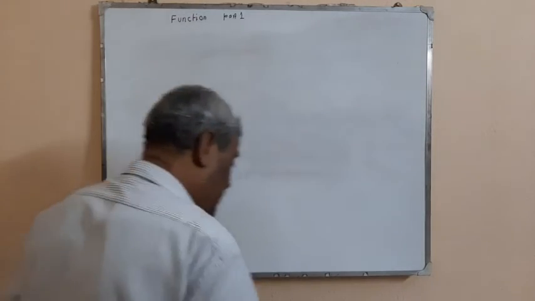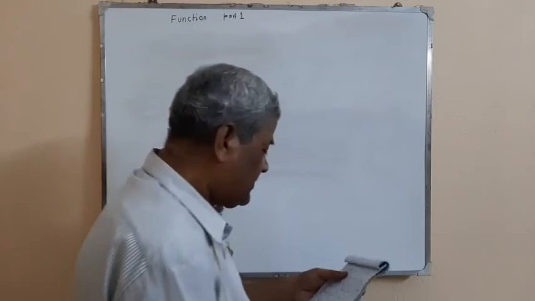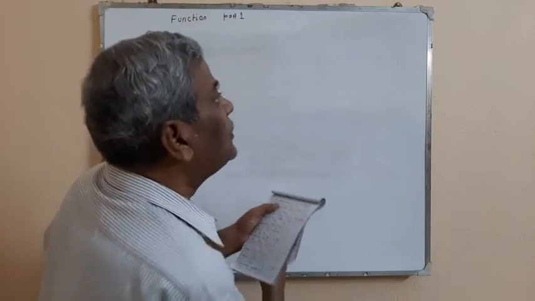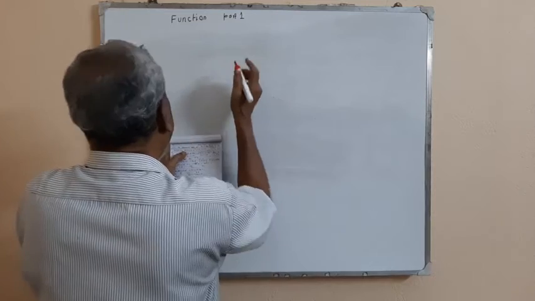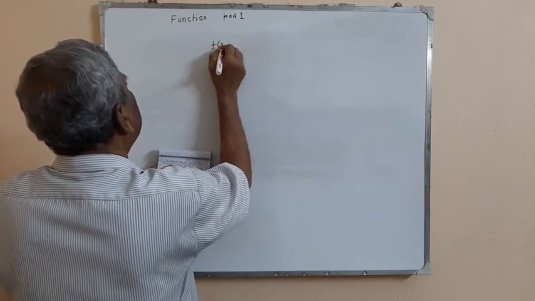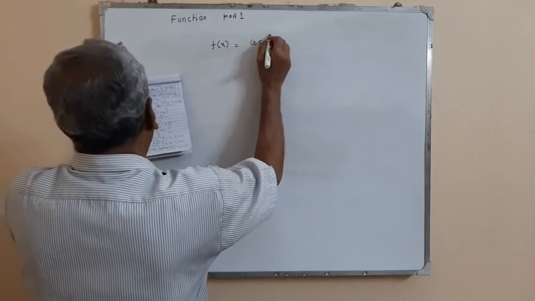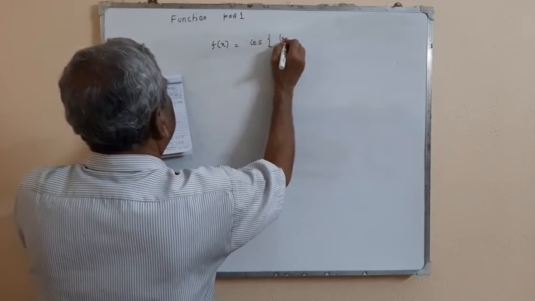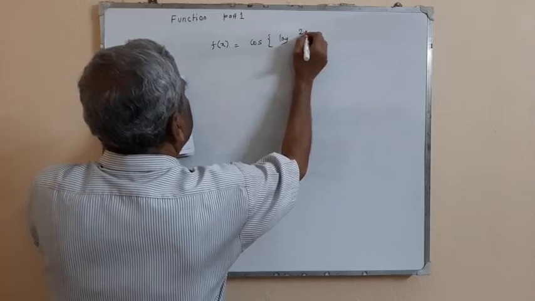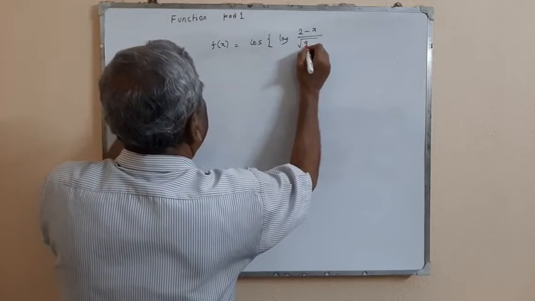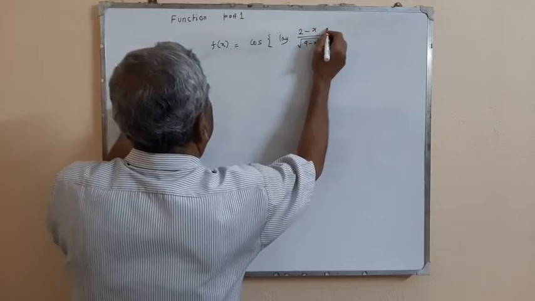The first problem: the domain of definition of the function f(x) is equal to cos of log of (2 minus x) divided by root over of (9 minus x square).